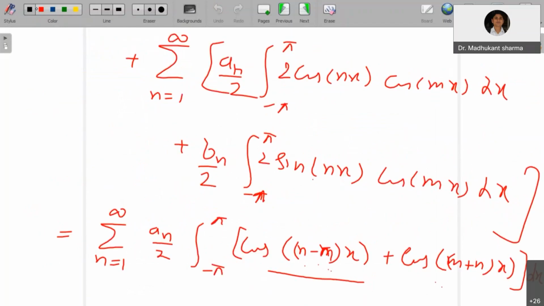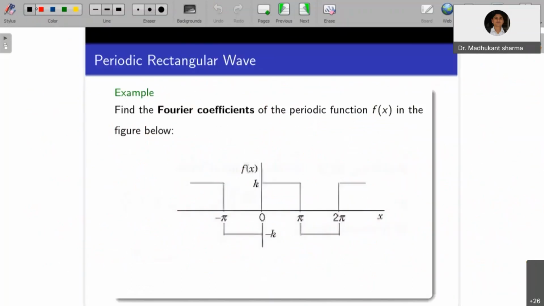Now let's look at some problems. Find the Fourier coefficients of the periodic function f of x in the figure below. These are square waves. From minus pi to 0, the value is minus k, and between 0 and pi, the value is k.